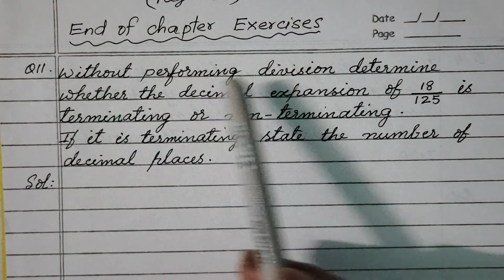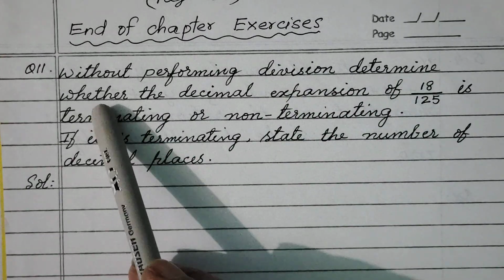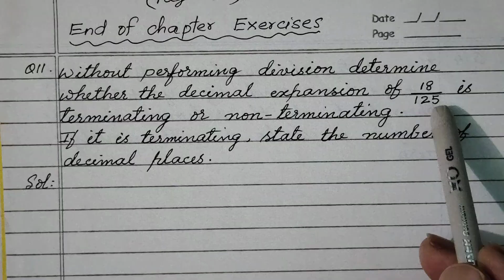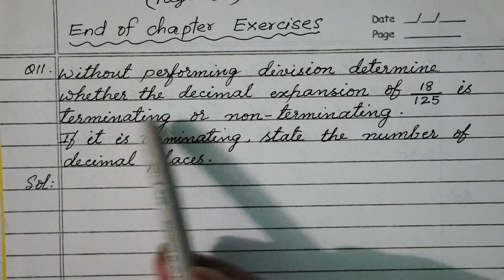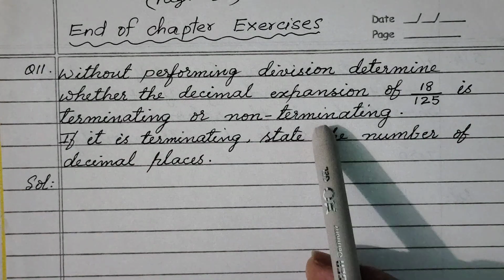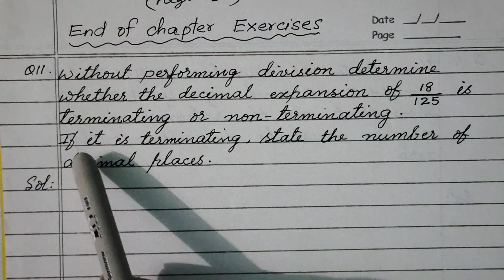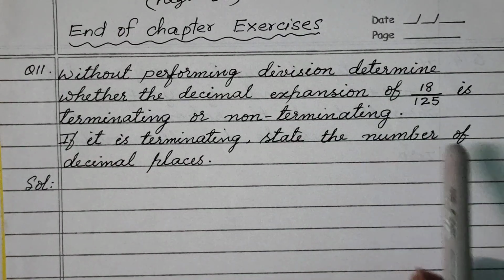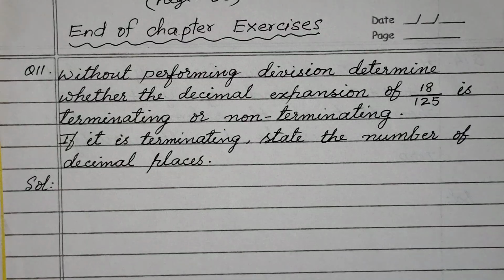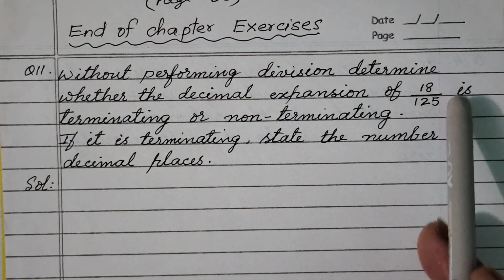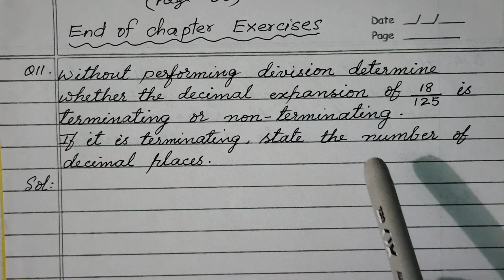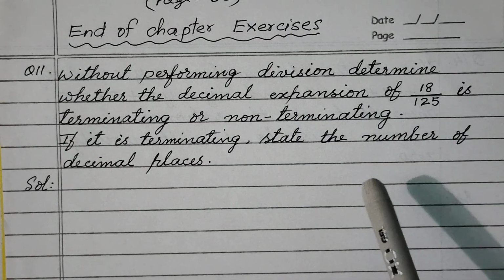Without performing division, determine whether the decimal expansion of 18 by 125 is terminating or non-terminating. If it is terminating, state the number of decimal places. So without dividing 18 by 125, we have to find out whether the decimal expansion is terminating or non-terminating.